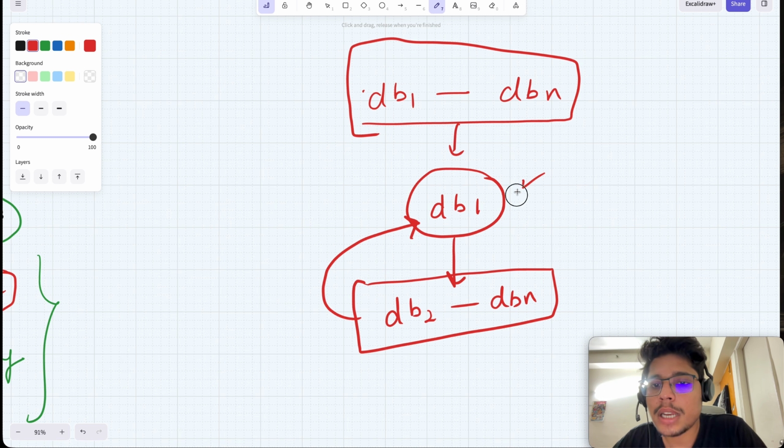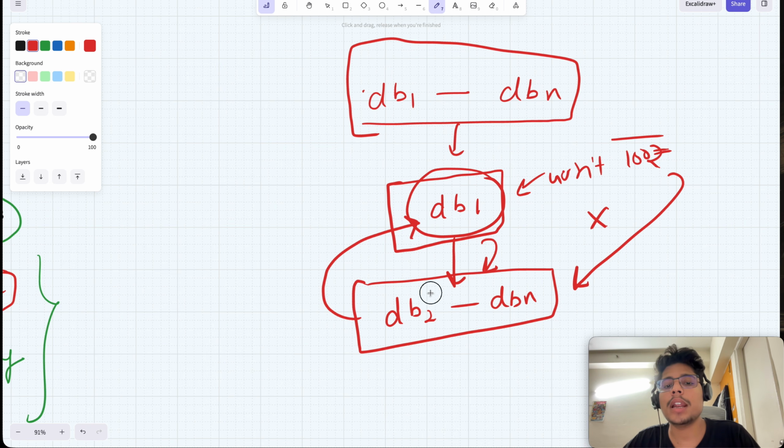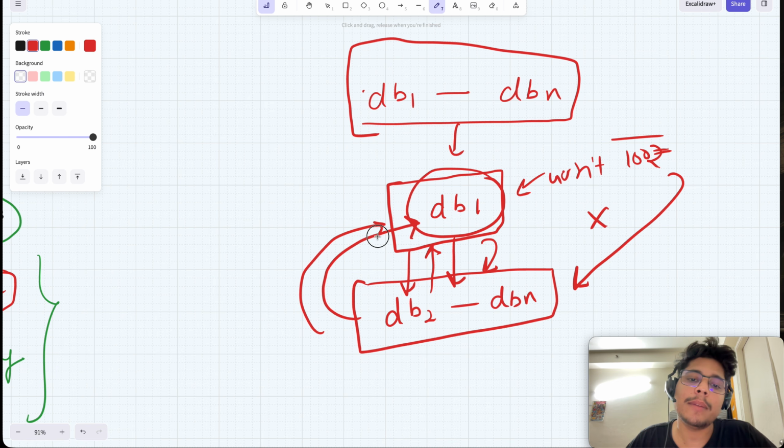Suppose db1 says write 100, then they write 100, otherwise they do not. They are just replicas of this db, and this is the main db where the write operation occurs, and they continuously ask for data from their leader db. They do not write on their own, they are dependent on their leader db. So this is the consistency we maintain.